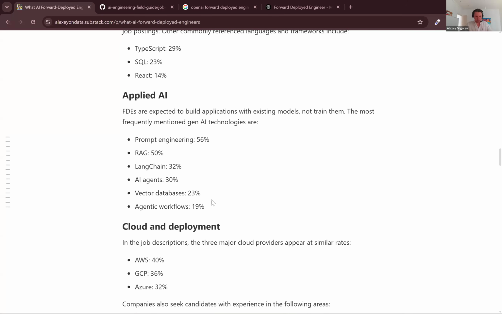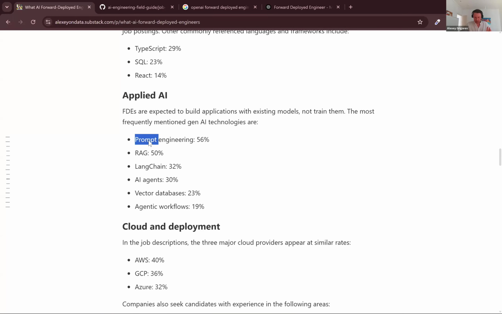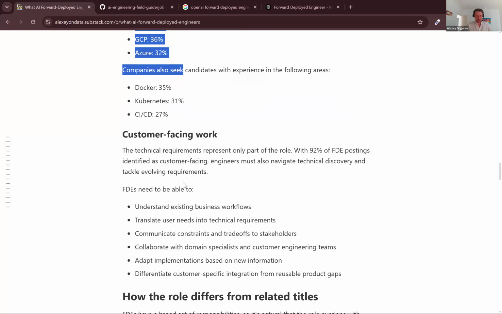So then, many of them are expected to have AI, even though I don't see a lot of mentions. It's not the majority, but 96% mentioned prompt. Although I don't know whether prompt engineering is a proper skill, we can see that there are some things related to AI that are mentioned. And then cloud deployment, customer-facing work.